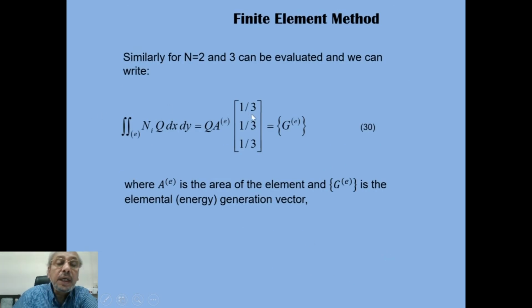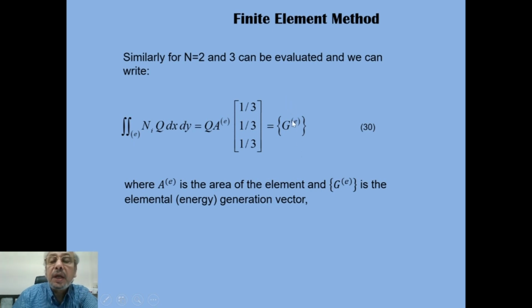So if we put them together, this elemental integration will be Q into A, times one third, one third, one third, and this is basically a column matrix.